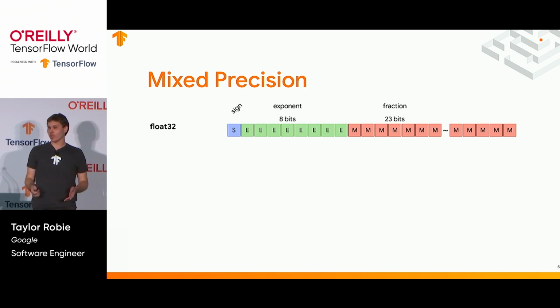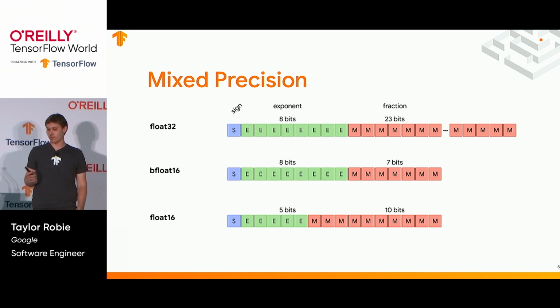So next we're going to talk about mixed precision. If we want to go even faster, then we can give up some of our numeric stability in order to obtain faster training performance. So here I have the IEEE float32, which is the default numeric representation in TensorFlow, but there are also 2 half-precision formats that are relevant. The first is bfloat16, where we keep all of the exponent and simply chop off 16 bits of mantissa.